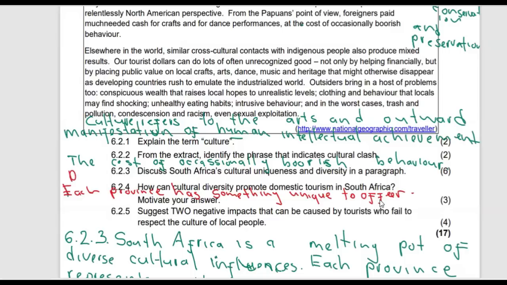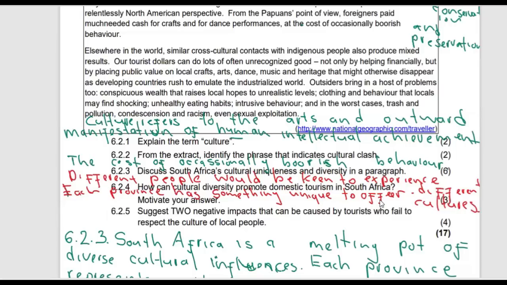So different people will be keen to experience various cultures. They can move from place to place, since different provinces have different cultures. So people become curious to enjoy or to explore different cultures.